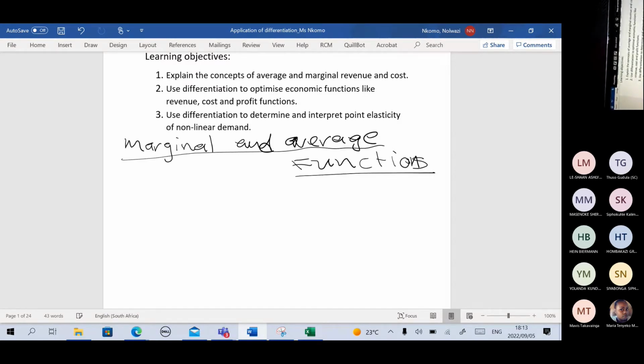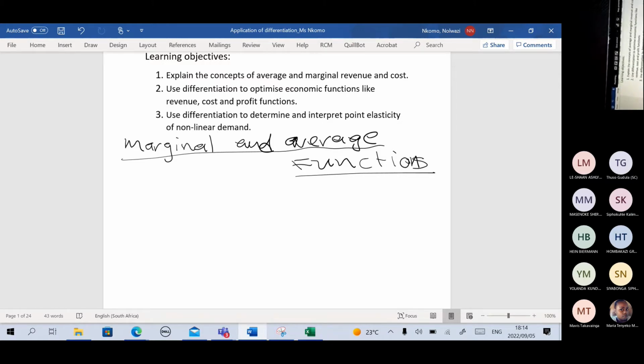The derivative of a function was introduced as the equation for a rate of change of the function. And in this chapter, the rate at which total revenue changes is called the marginal revenue, and the rate at which total cost changes is called the marginal cost.